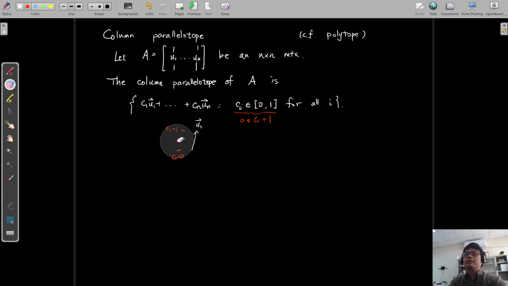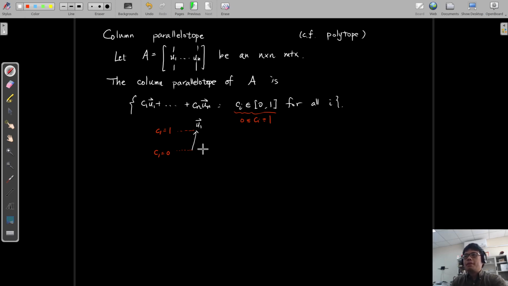Let me write that again. c1 is equal to 1, and c1 is equal to 0 for this place, right? So you are moving along this direction, but you cannot exceed u1 itself.